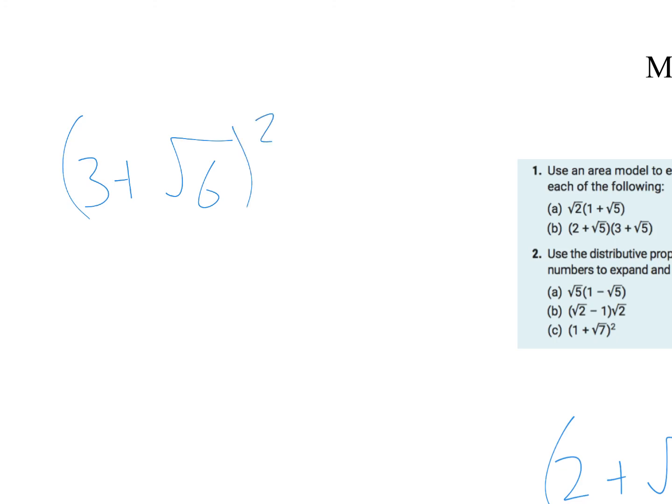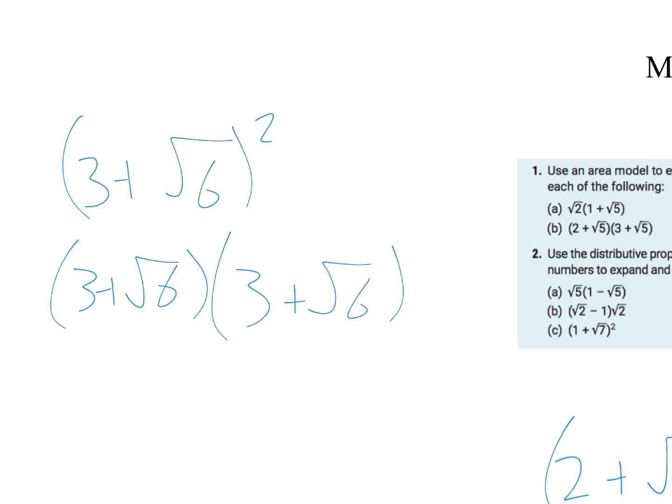Okay, so if we had to square this, what we'd be doing is we'd multiply it by itself. So 3 plus the square root of 6, multiply by itself, 3 plus the square root of 6. So we would split this first bracket up and rewrite the second bracket out twice.